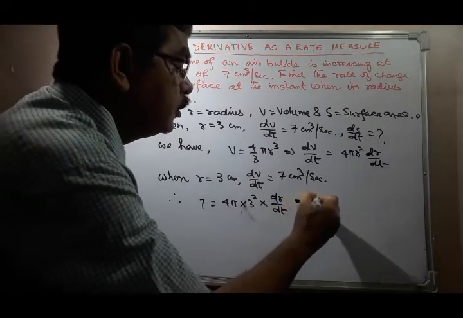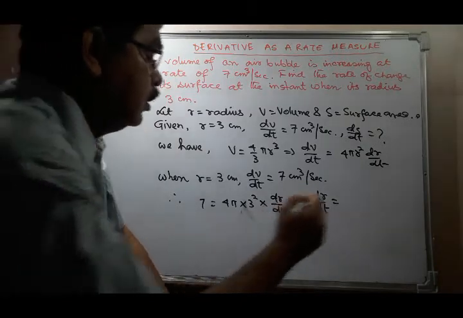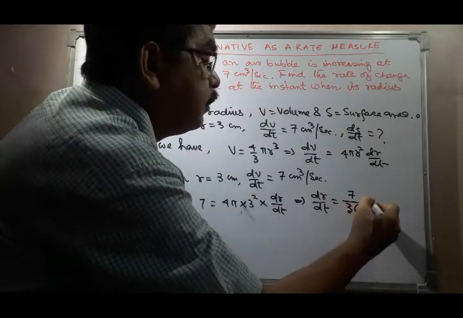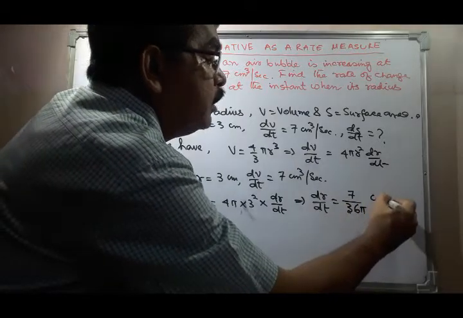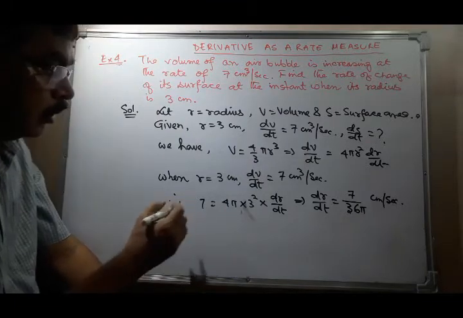So from here we get dr by dt equals 7 by 36 pi centimeter per second.